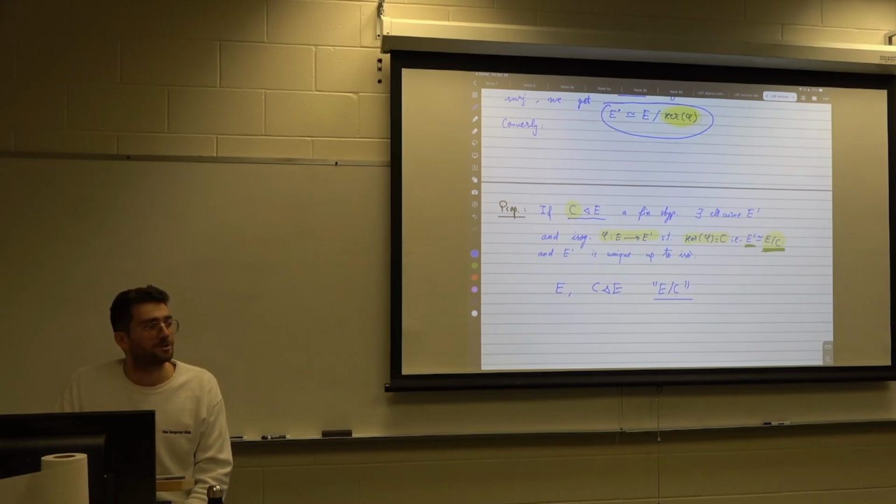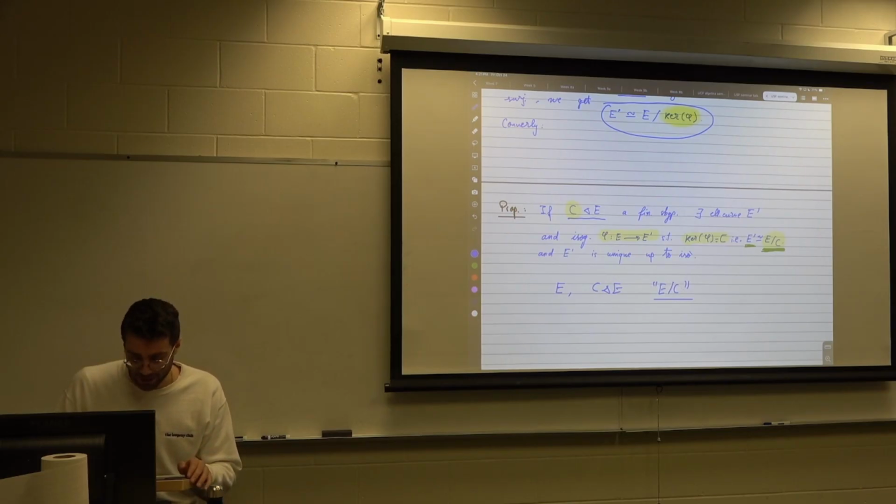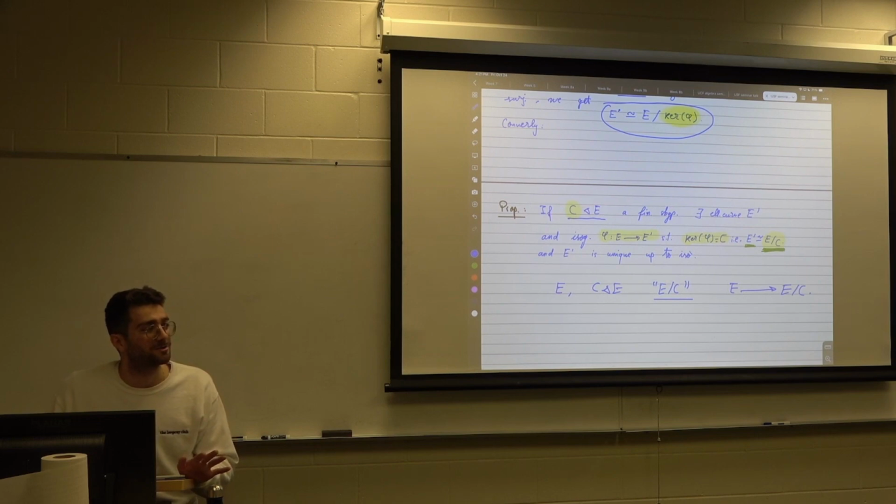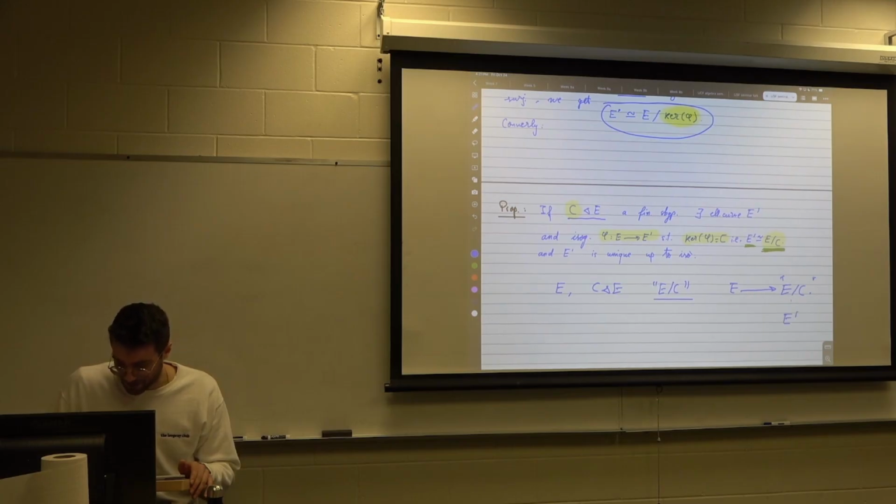So we always use this abuse of notation and say, you take a subgroup and look at E modulo that subgroup, that's an elliptic curve. And the isogeny that goes from E to E modulo C is just reduction modulo C. But of course, that's not actually reduction modulo C because that's an abuse of notation. There is another curve, E prime, that is isomorphic to this, and there is an isogeny here.